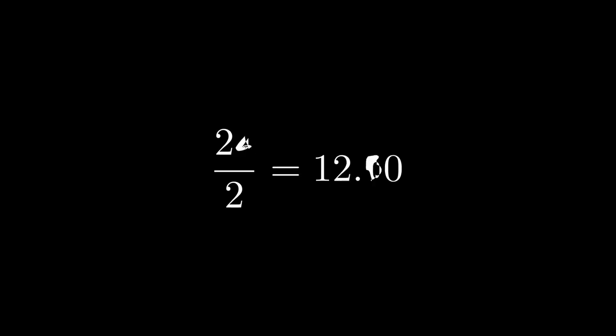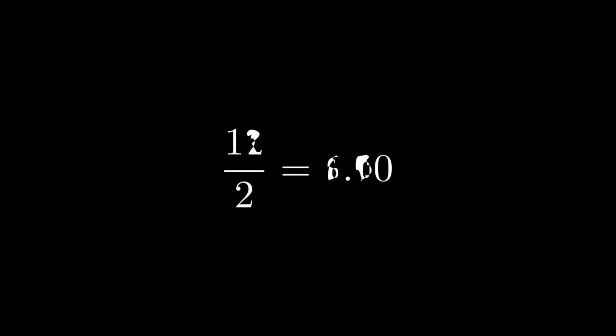If the numerator goes down, the fraction goes down too. However, the opposite is true for a fraction's denominator. A fraction's value is inversely proportional to its denominator. So, if the denominator goes up, the fraction's value goes down. If the denominator goes down, the fraction's value goes up.